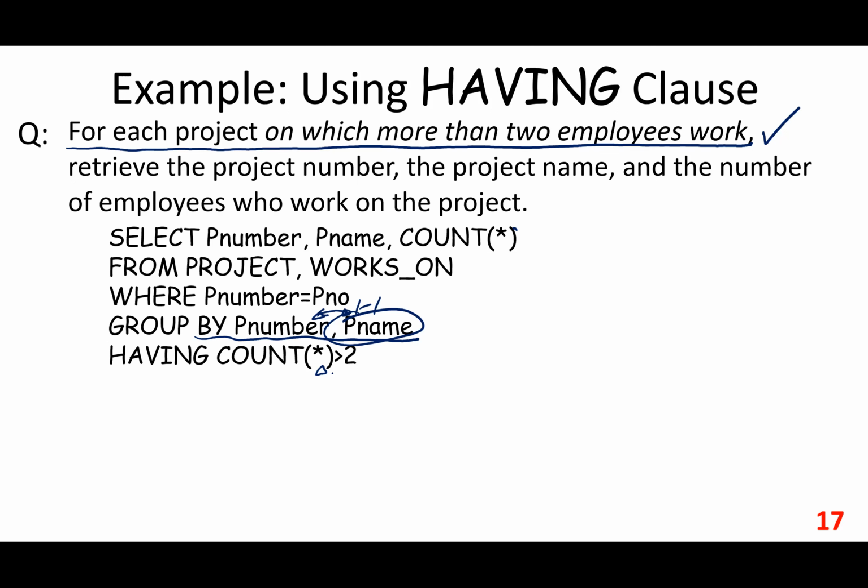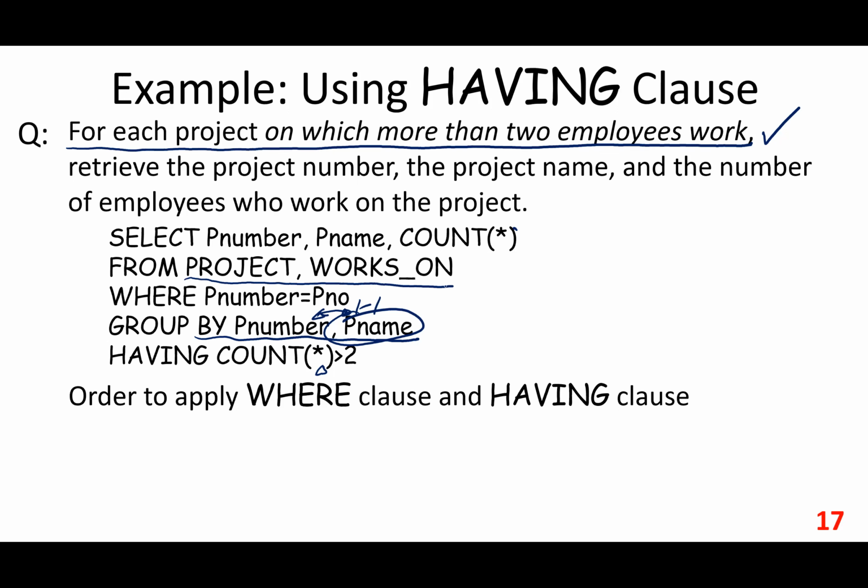Number of employees in each project. Here, because we join the project table and the works on table, in the joined table you can get the number of employees who work on each project. Having clause. So it's pretty natural. You can add special condition on individual groups.